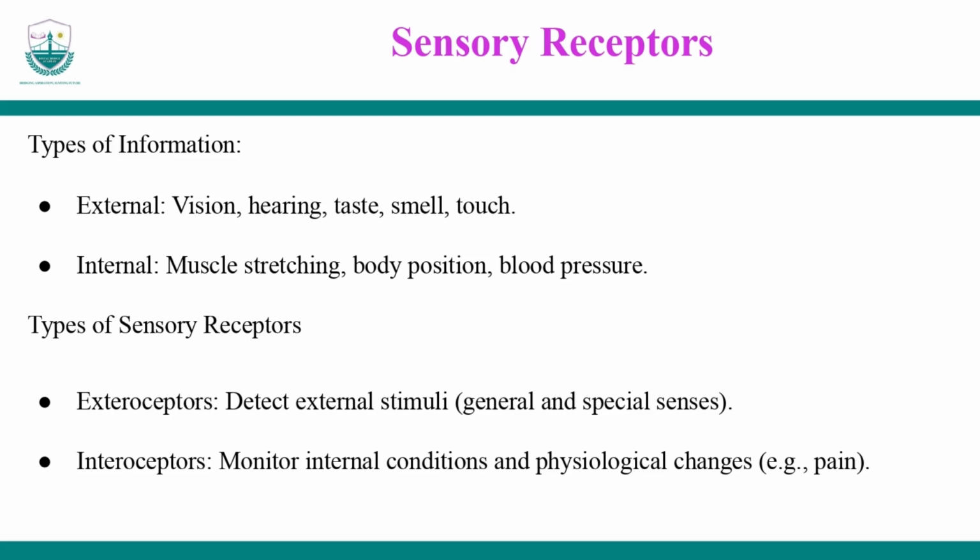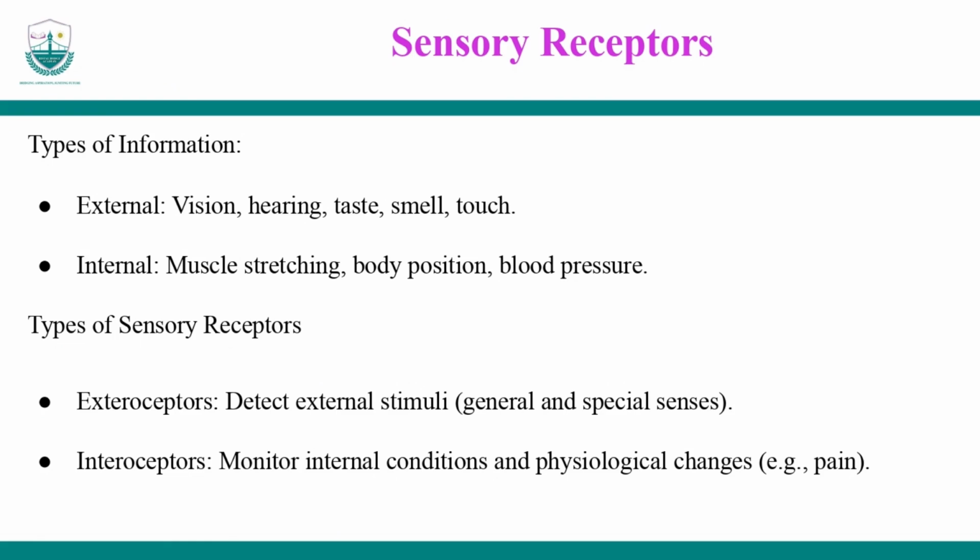But the overall thing is that the receptors sense that there is a situation that needs to be dealt with. They pick up information about that situation and then send it to the brain or the central nervous system, as we are calling it here.